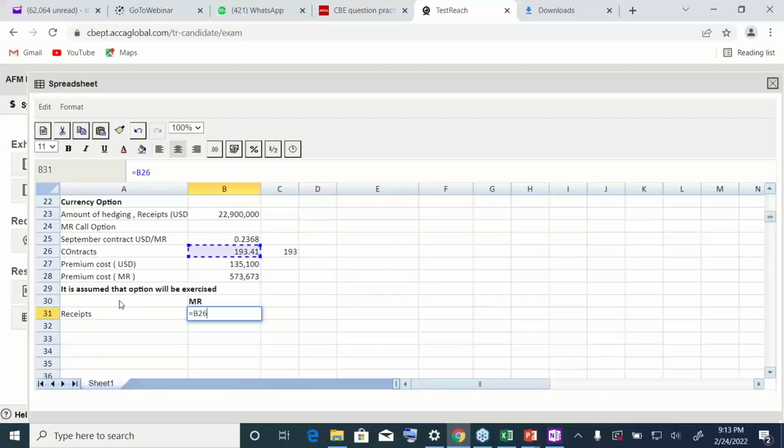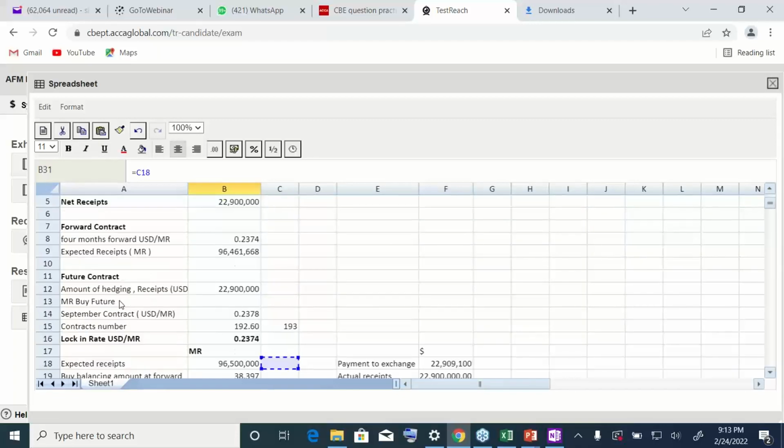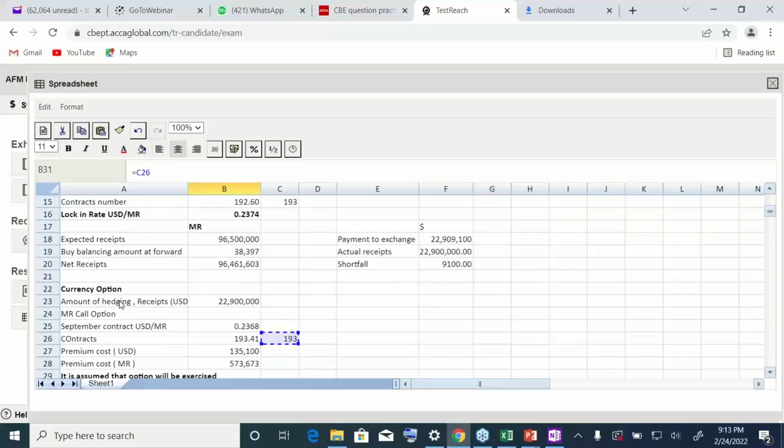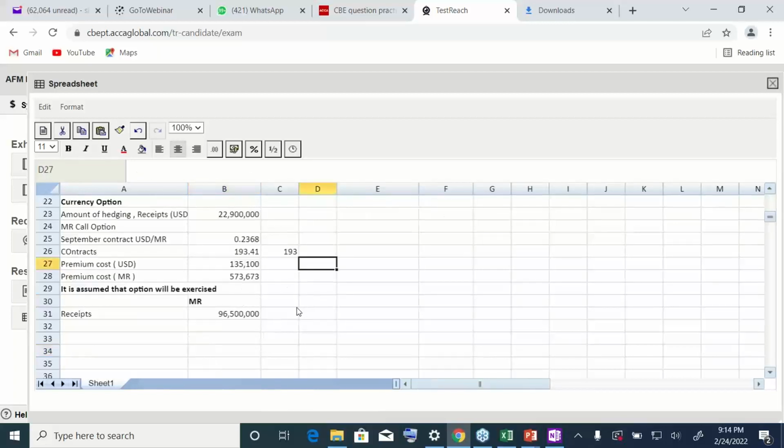How many contracts have we entered into? 193 into 500,000. So the expected receipt will be 96.5 million.